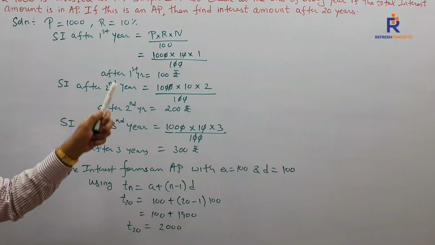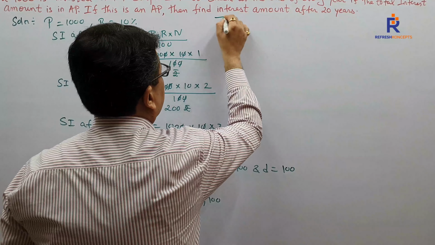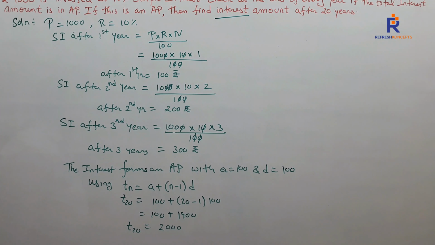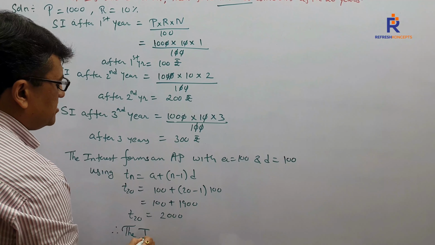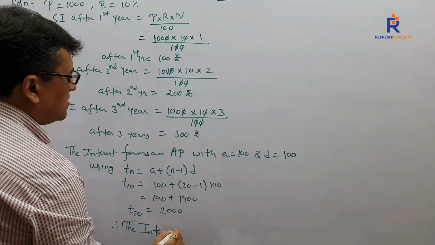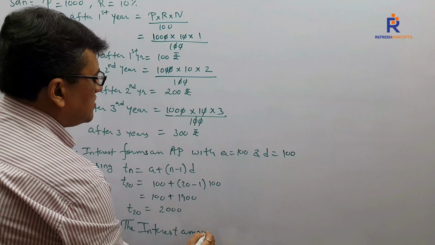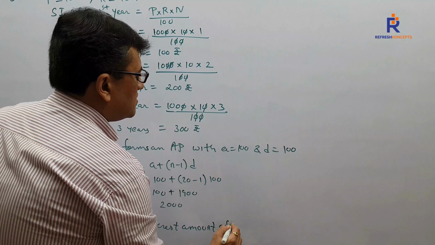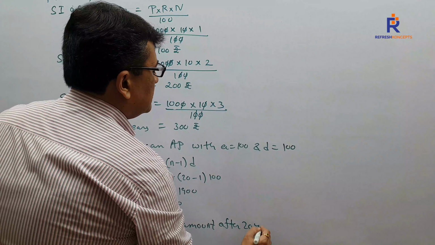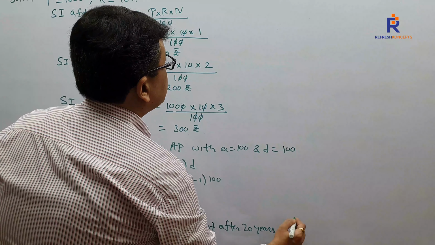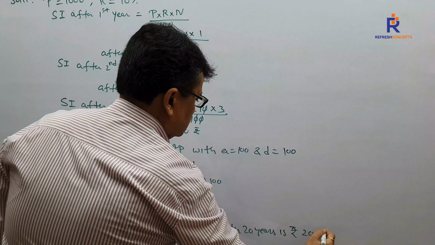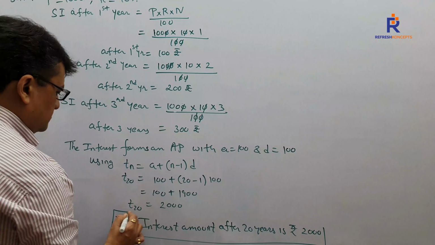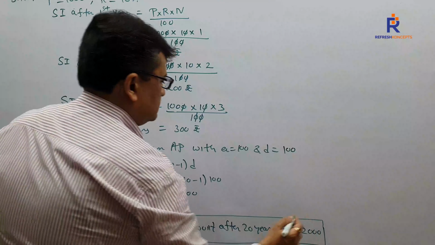Find the interest amount, not the actual sum. Therefore, the interest amount after 20 years is rupees 2000. Right?